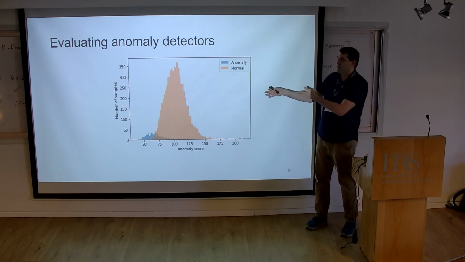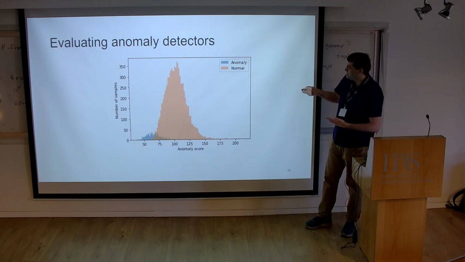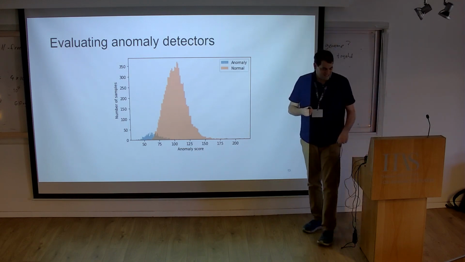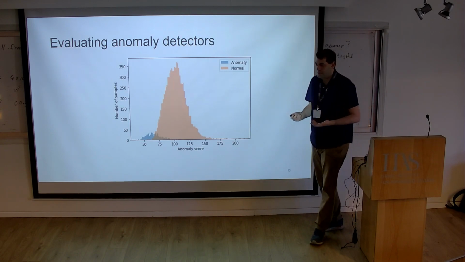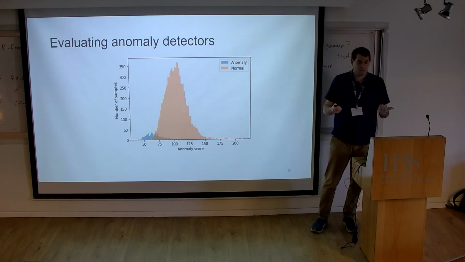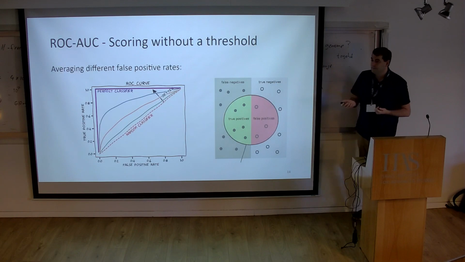Maybe in this weird test set we have much more anomalies than normal. Oh, I think I switched the labels here. I forgot to, but anyhow, we might have imbalance between our classes, and we want a metric that does not care about the balance between the classes in the test set, and more importantly is agnostic to the threshold that we choose. So this is why we use the ROC-AUC method.